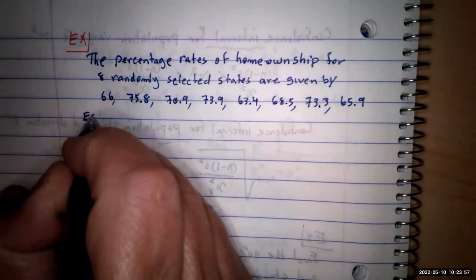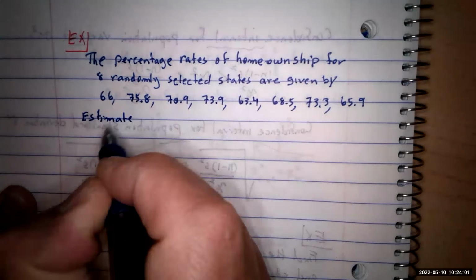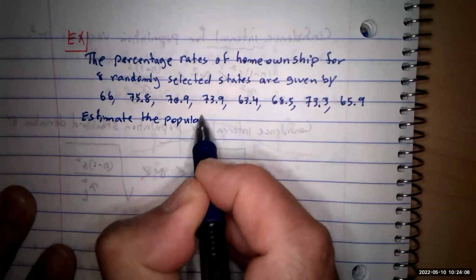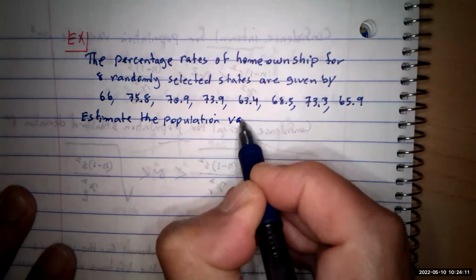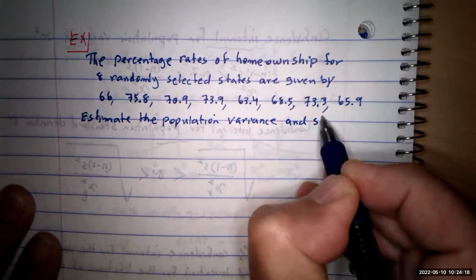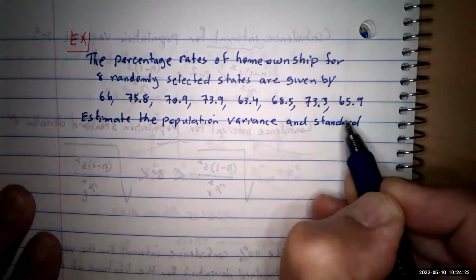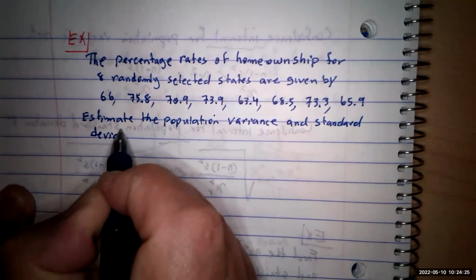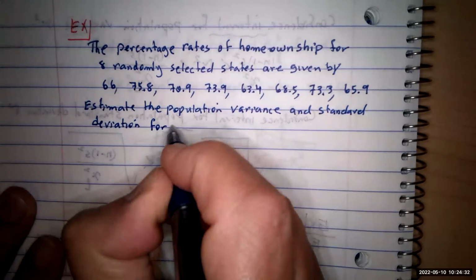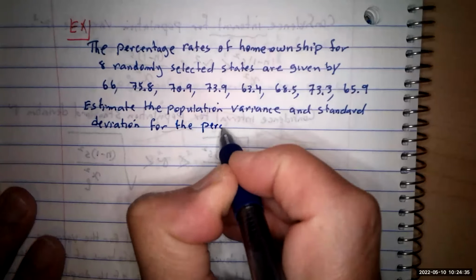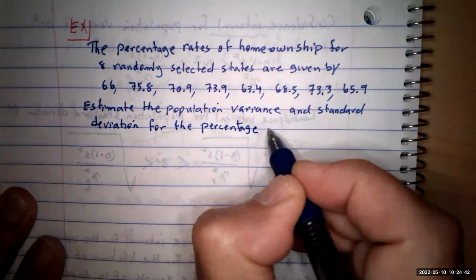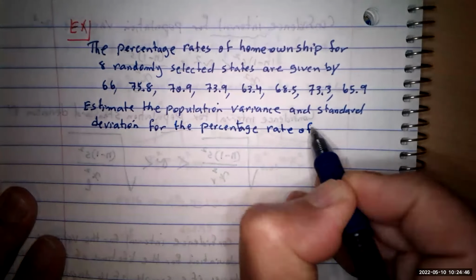So we want to estimate the population variance and the standard deviation for the percentage rate of home ownership.